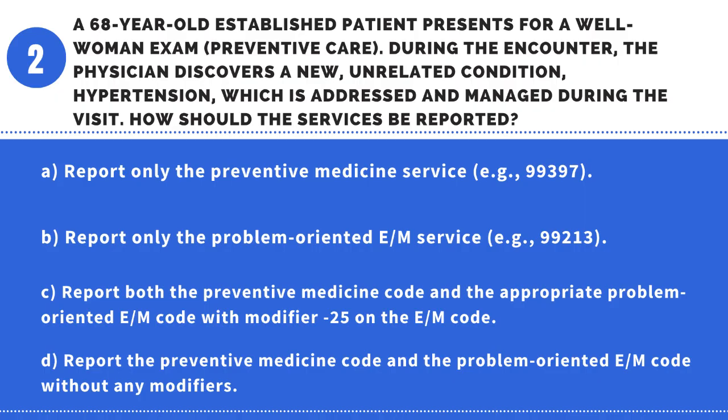B. Report only the problem-oriented E/M service, e.g., 99213. C. Report both the preventive medicine code and the appropriate problem-oriented E/M code with modifier -25 on the E/M code. D. Report the preventive medicine code and the problem-oriented E/M code without any modifiers.